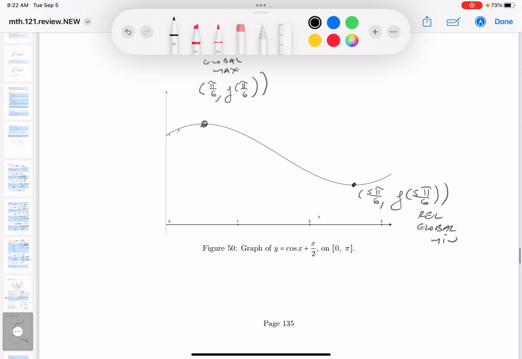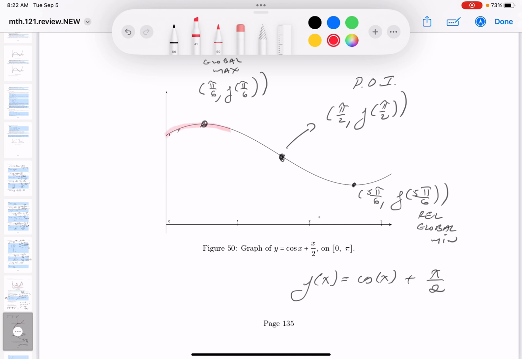Roughly speaking, I'm not measuring this to a level of accuracy, but pi over 2 and f of pi over 2. By the way, if you're wondering what f is, f of x is cosine of x plus x over 2. I'm not going to compute that. What's this over here? It's a point of inflection. And why is that? If you look at the curve, it's concave down, and over here it's concave up.